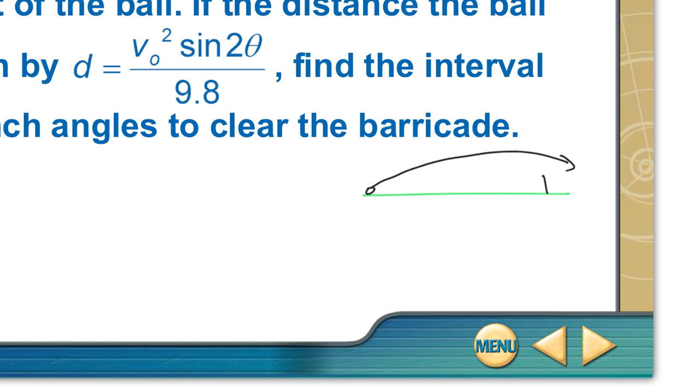Now, obviously, if I shoot the golf ball at too small of an angle, it won't go over the top of the barricade. So we got to have a minimum angle. Likewise, if I shoot the golf ball at too steep of an angle, it's going to fall way short. It'll go high enough to clear it, but it won't go far enough to clear it. So that means we have to have two different angles. We have to have a lower end and an upper end.